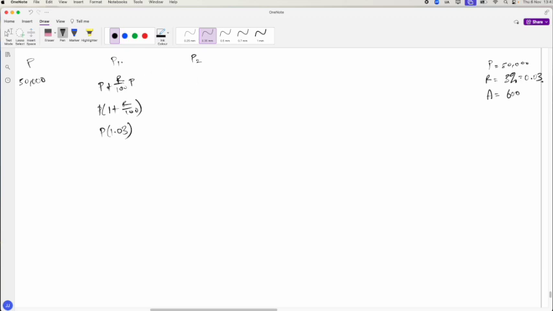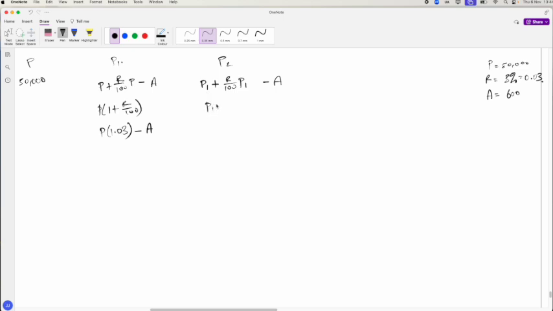P2 is if I was to take P1 and add, oh no, we forgot something, right? After the first year, we have to withdraw the amount A, so it'll be P into 1.03 minus A. After the second year now, we will have P1 plus the R percent of P1, and then I'm going to minus another A, because every year I'm minusing A, right?